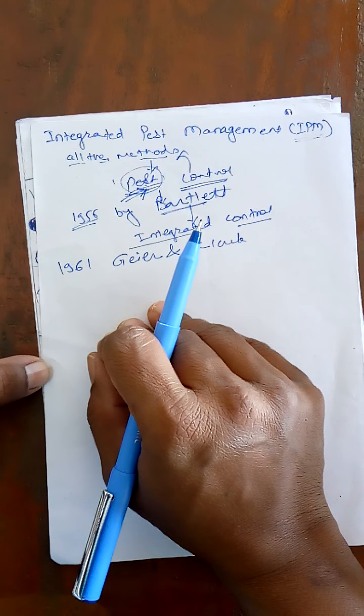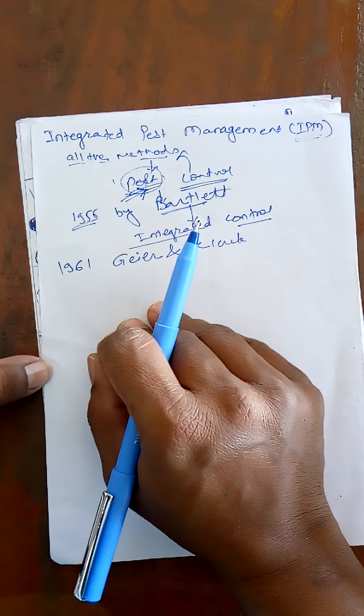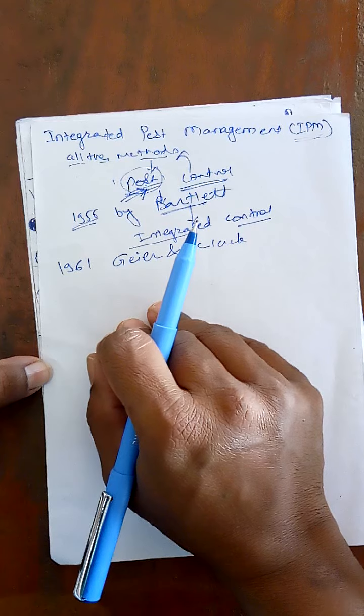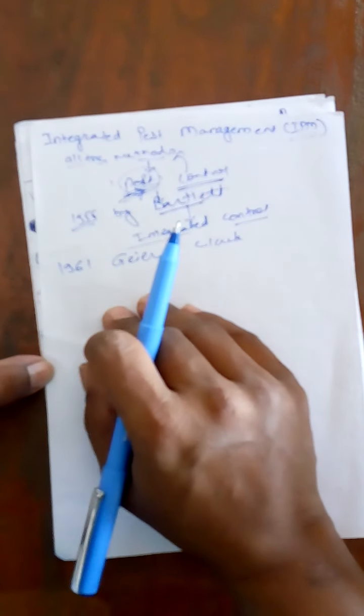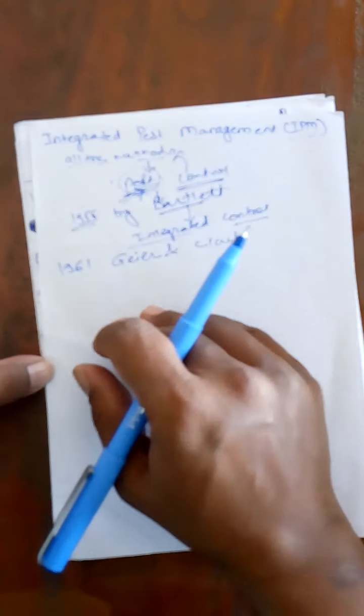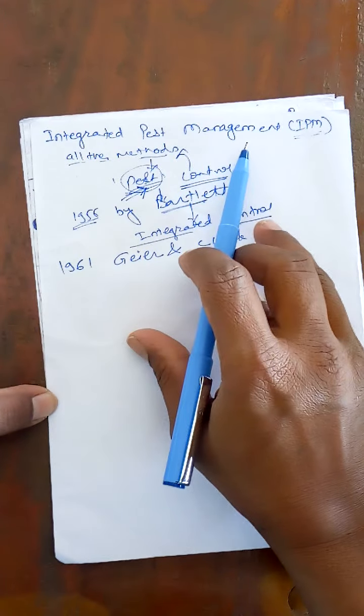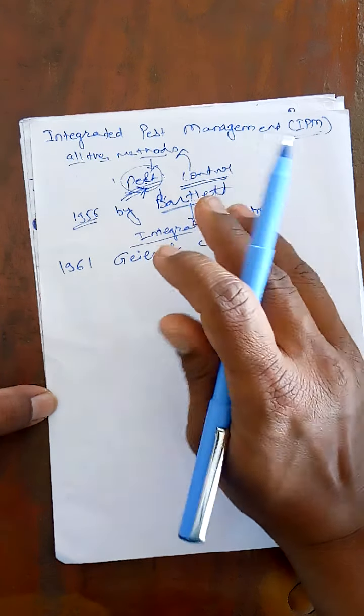It was first proposed by Smith and Allen in 1954 and Stern in 1959, who proposed the management of the insect pest population by integrated pest control, and so we call it integrated pest management. Here we are using many methods.